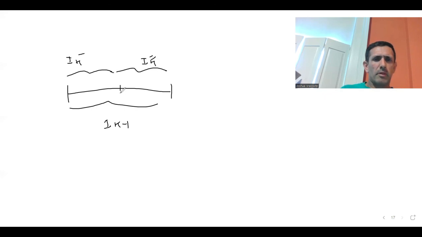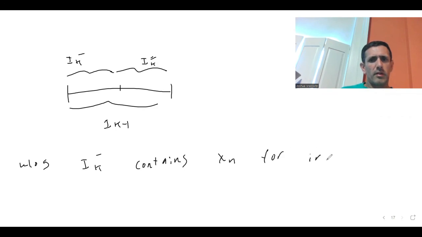Pretend that this is right smack dab in the middle. Because I_{k-1} contains xn for infinitely many n, one of these two halves also has to contain xn for infinitely many n. So I did the right one before. Let's just assume it's the left one. Without loss of generality, Ik prime contains xn for infinitely many n.